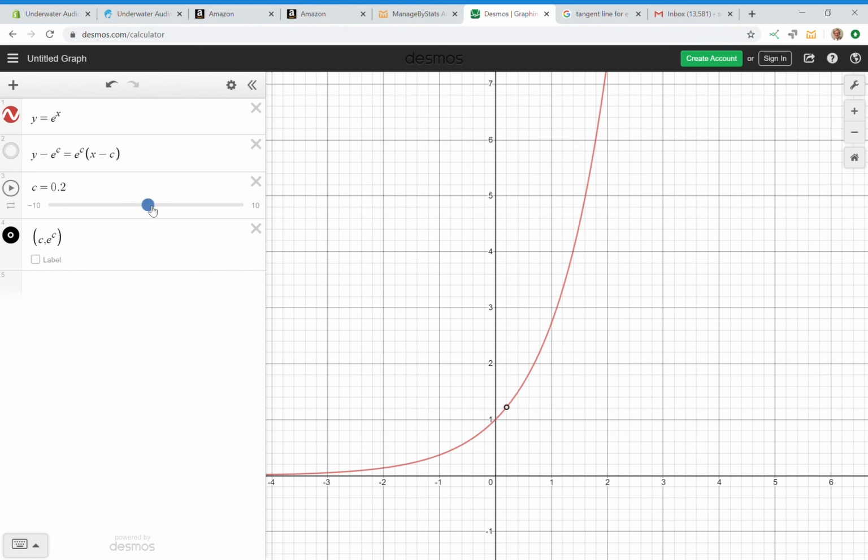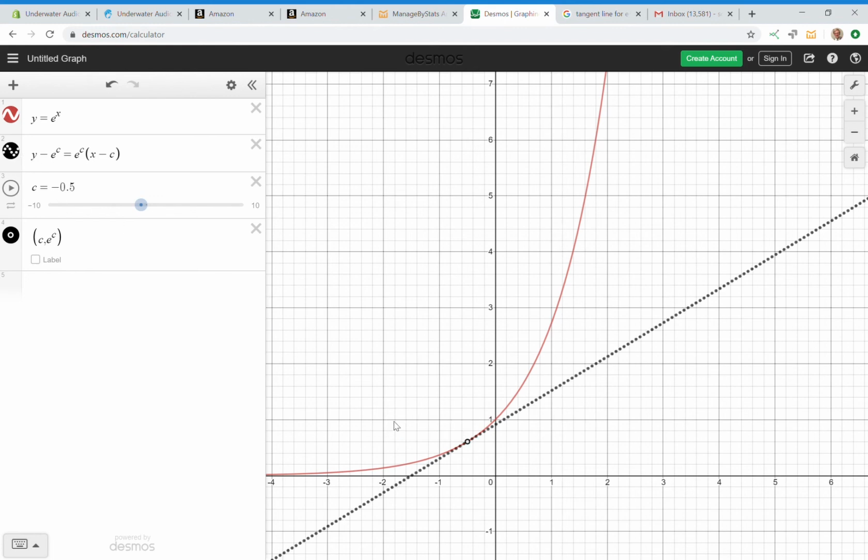Let's do one more. I think the last number in the notes is negative 0.5. I hope that's it. When I plug in x equals negative 0.5, which is right here, I get an output of 0.607. Okay, so that's the output, and what I'm saying is I think 0.607 is also going to be the slope.